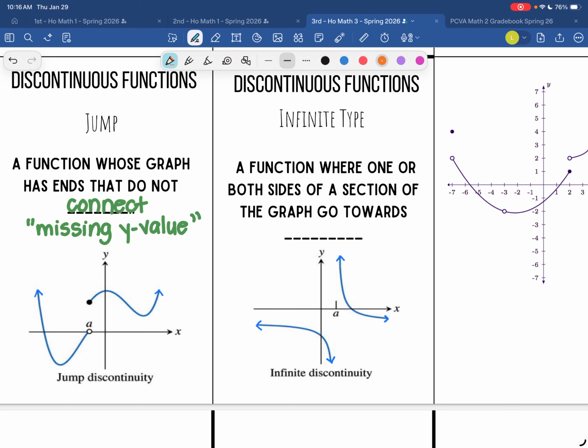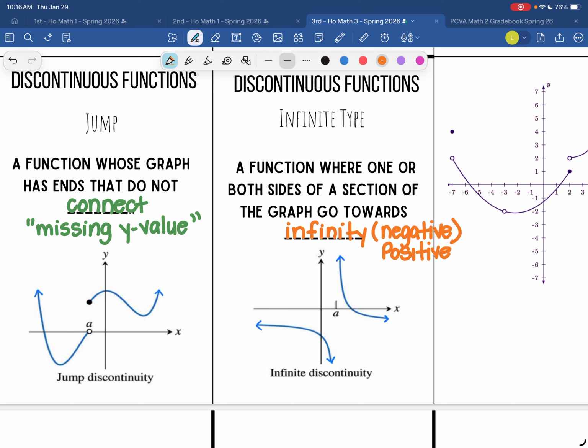So when I'm looking at this one, it's a function where one or both sides of a section of a graph go towards infinity. And of course, that is going to include negative as well. Okay, so it can be positive or negative when it comes to these infinities.